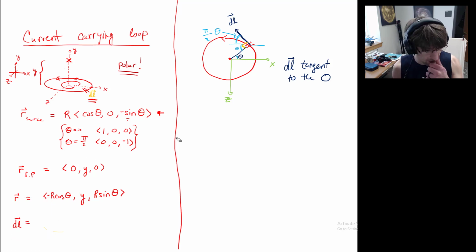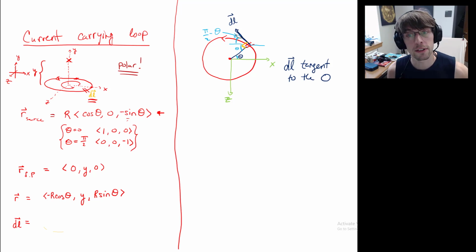We have something that tells us our small line segment is directed, let me redraw that triangle so that we have it a little more clear. We have dl going this way, with pi over 2 minus theta. So we have to go in the negative x direction and in the positive y direction.